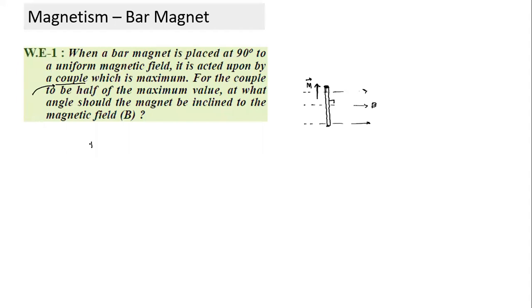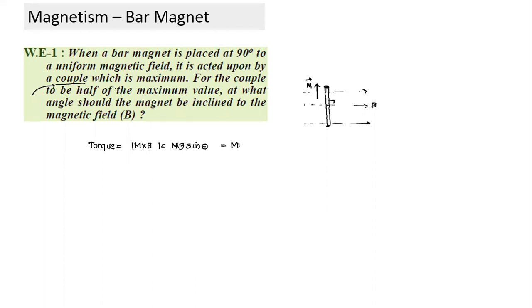What is torque for a dipole placed in a uniform field? Same as in electric dipole, it happens in magnetic dipole also. Torque is equal to m cross B, or in terms of magnitude, mB sin theta. This is a fairly simple question. Torque will be maximum when the bar magnet is placed at 90°, equal to mB.